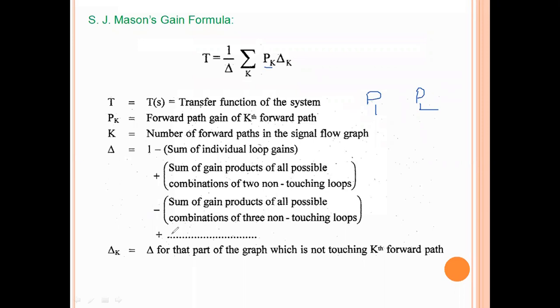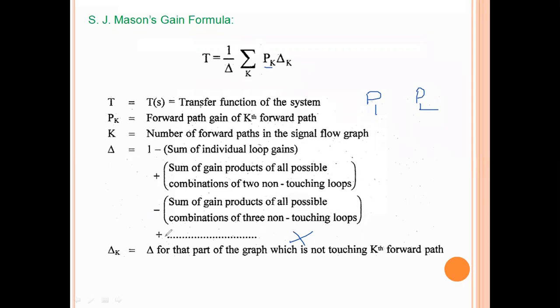When we go to the fourth term, we need to check for four non-touching loop combinations. However, four non-touching loop combinations are not easy to find, because if we find three non-touching loop combinations, the problem is already very complex and looks very difficult.